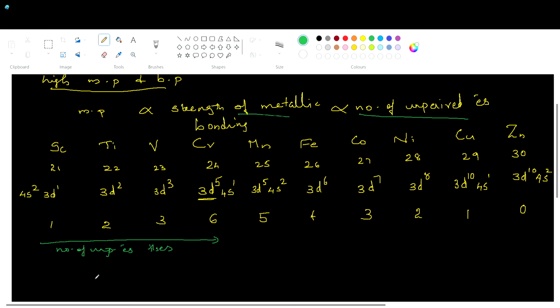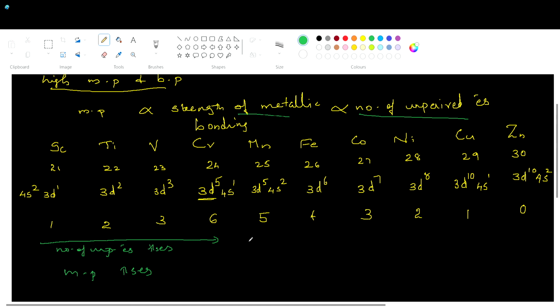That means the strength of the metallic bonding also increases, and melting point also increases, correct? Why? Because more electrons take part in bonding, so metallic bonding is stronger and melting point increases.